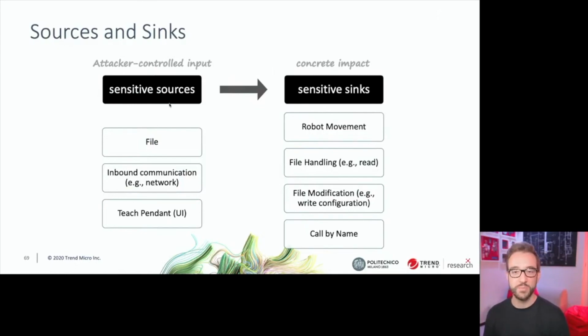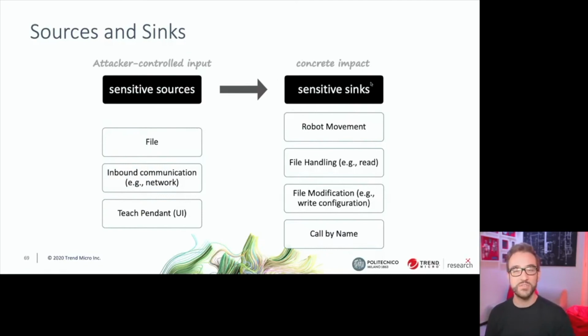We differentiate between sensitive sources and sensitive sinks. Given a program, the sensitive sources are all of the functions that allow you to consume data that could be attacker controlled. For example, file handling, inbound network, and also the UI, if we assume that there can be an insider attacker: the UI of the console used to program or to maneuver the robot, and so on.